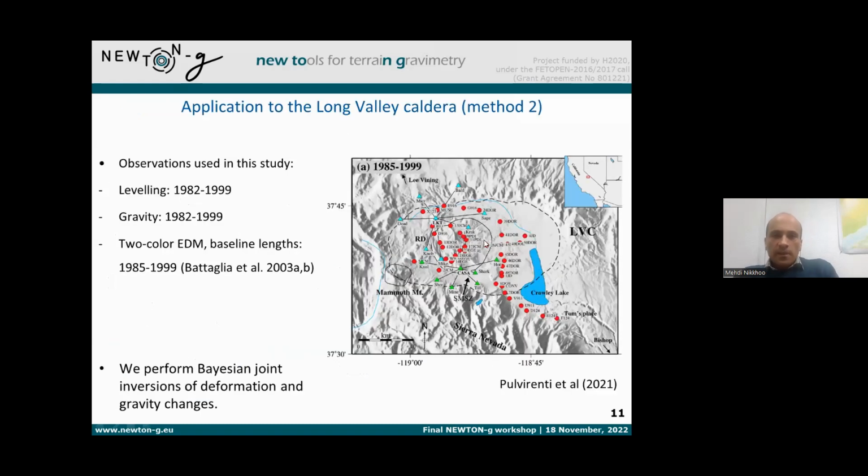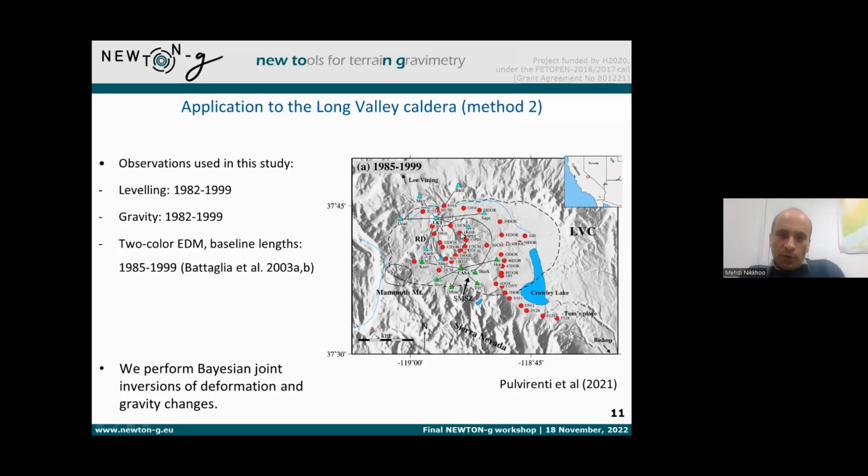So we applied our joint inversion technique to an inflation period at the Long Valley caldera. This caldera is located in California, and the geodetic network at Long Valley caldera is shown in this figure here from Pulbrienti et al. 2021.